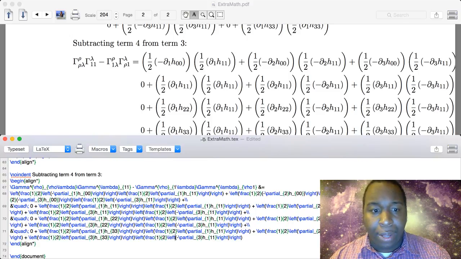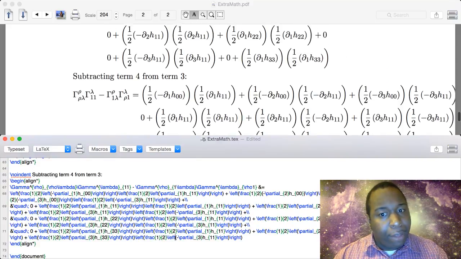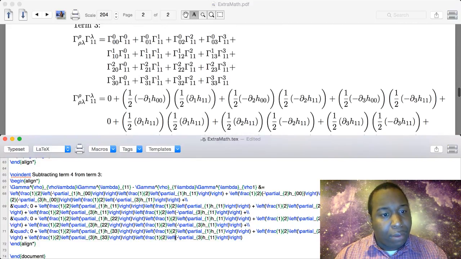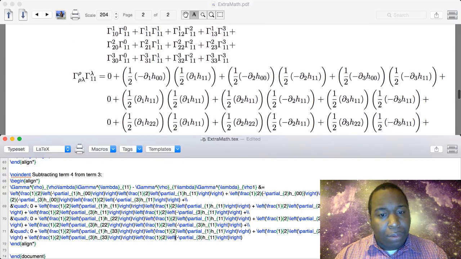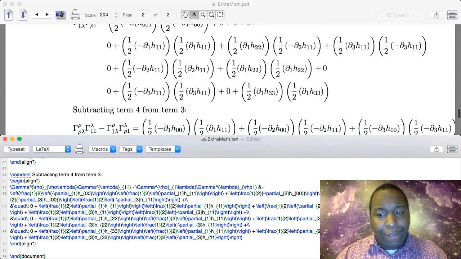At least I hope I'm getting everything. Just to verify, let me scroll up and look. 1, 2, 3. I'm missing the 0. Is that it? Actually, some of this stuff is being truncated.